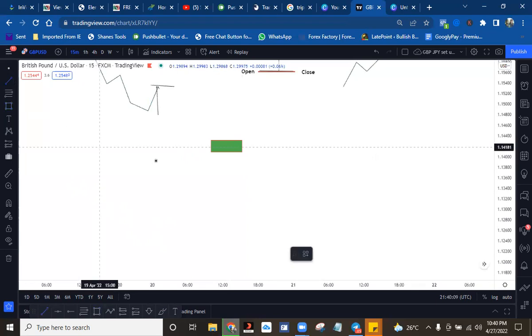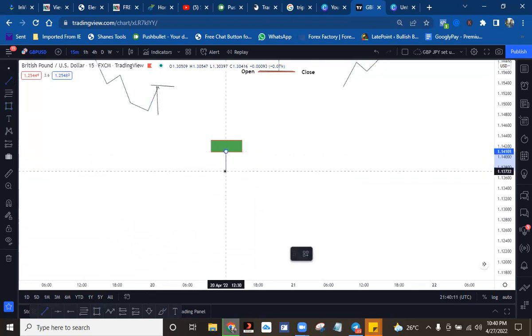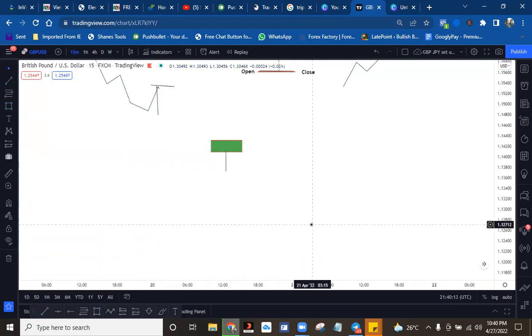And this is how a hammer looks, just like the normal hammer. So what is the hammer? This is a pattern that plays a psychological role in the markets, in the sense that it signifies two different things.